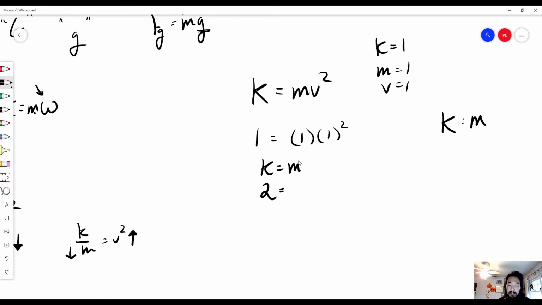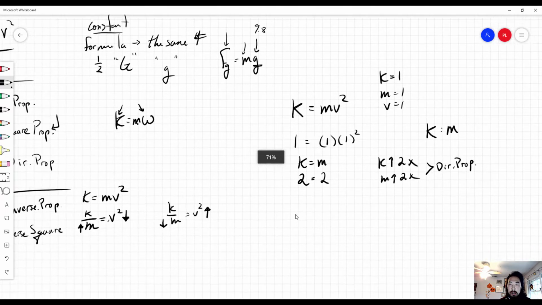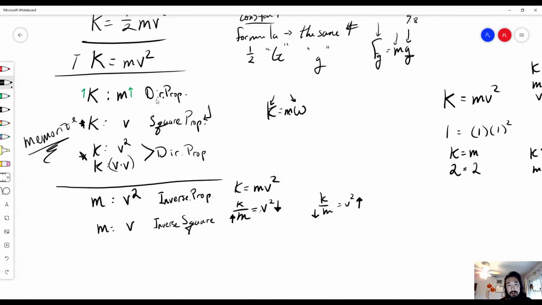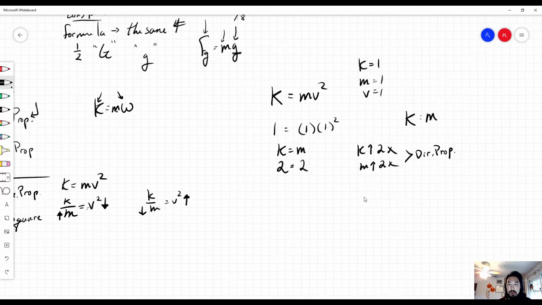Of course, it has to be 2. So what this shows us is that if kinetic energy increased by a factor of 2, mass also increased by a factor of 2. This is a directly proportional relationship. If we look at our chart, that fits. It's directly proportional, a 1-to-1.